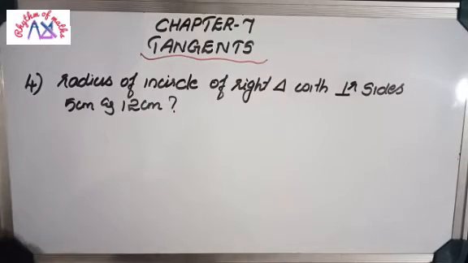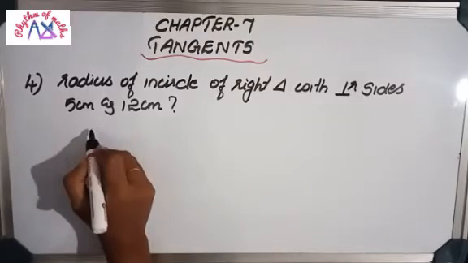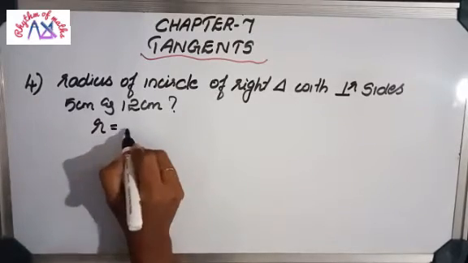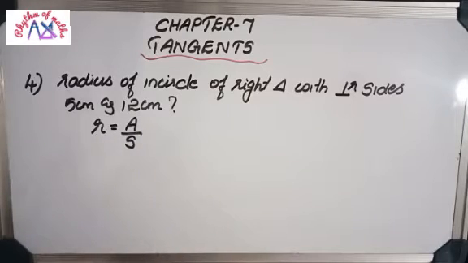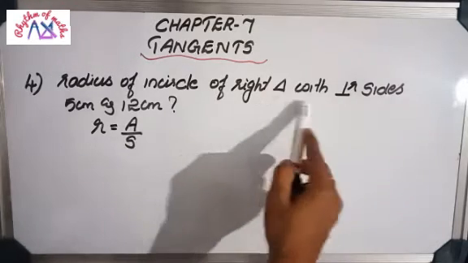Okay, incircle radius. We know the general equation: radius equal to A by S. This is a general equation for all triangles. We can apply this equation to find the inradius of a triangle. But here it is a right triangle.